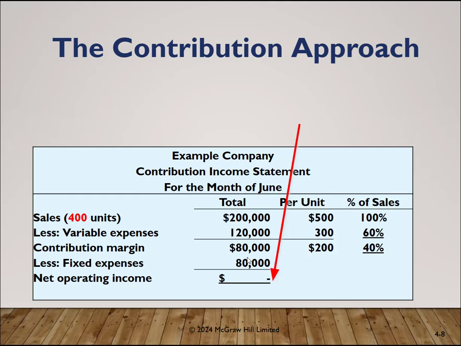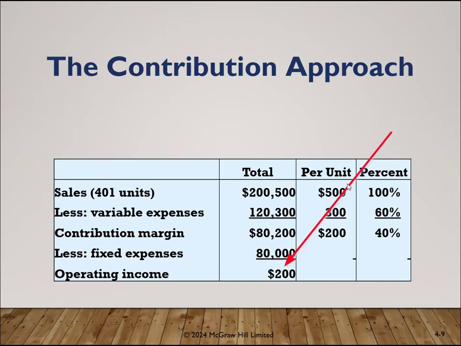So if 401 units are sold, how much would the net operating income be? Please pause this video and come back and let me know. That is right. If you said $200, you would be correct. If one more unit, 401 total units, is sold, then we flow through.